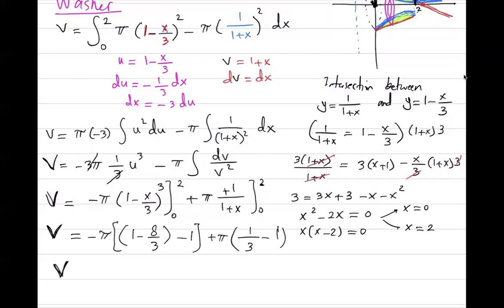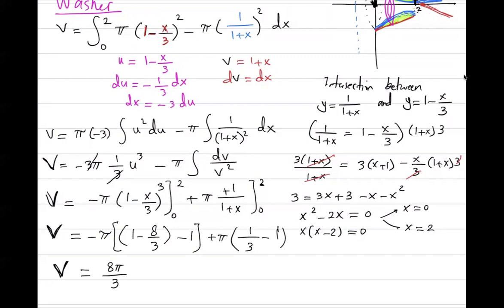So the volume is equal to negative pi. So 1 and negative 1 get cancelled out. You get negative, negative, positive 8 pi divided by 3. 8 pi divided by 3.